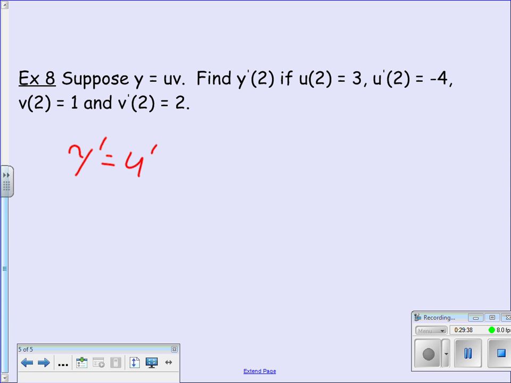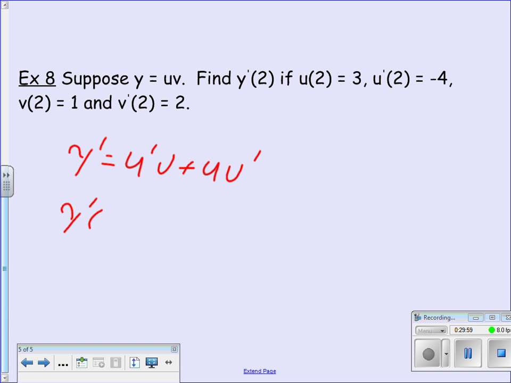U prime times v plus u v prime. Or v prime u, either way, doesn't matter. So that's the derivative of y using the product rule. U and v are functions. We don't know what they are, but they're functions of x.